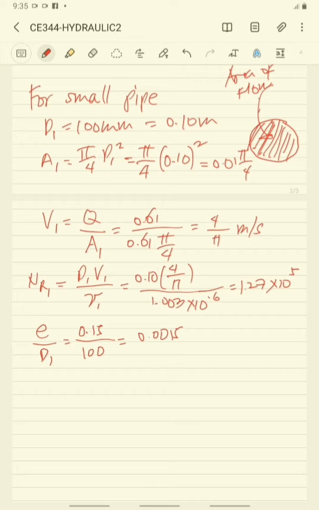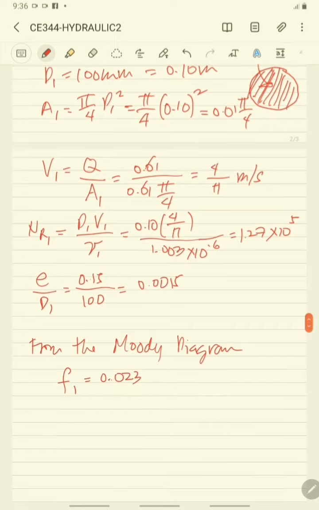In getting the friction factor, you can use the Moody equation, or from the chart, which is from the Moody diagram, your F1 is equal to 0.023. Or by using the Colebrook-White equation, you can also get F1 is equal to 0.023. So you have the option.